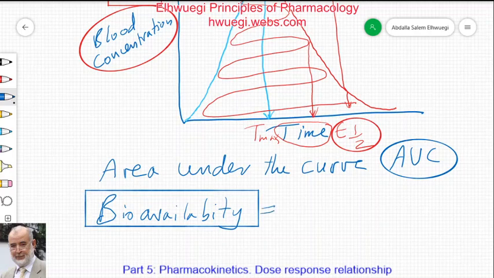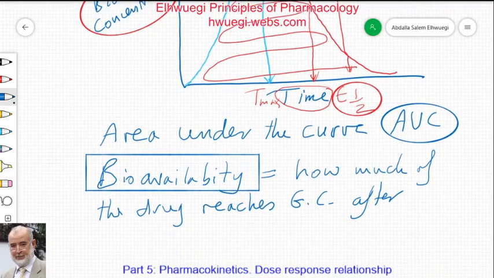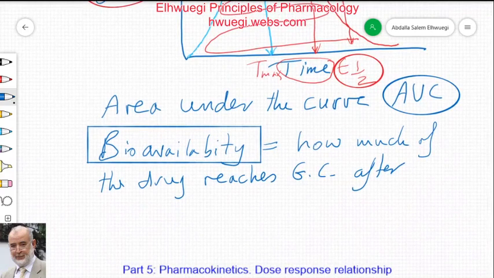Bioavailability is very simply defined as how much of the drug reaches the general circulation after administration.